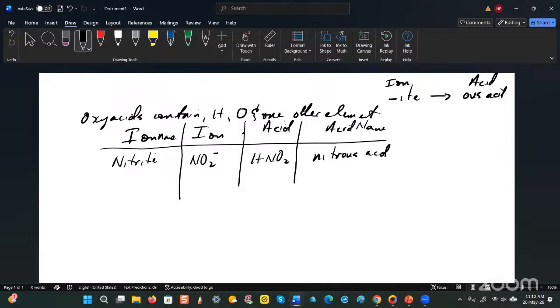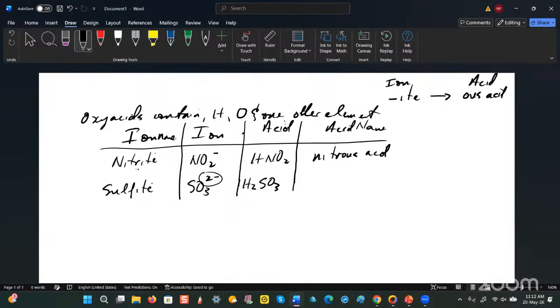Now, here's another example. The sulfite ion. The formula for that is SO3 2-, right? Now, the formula for the corresponding acid is where you add 2 H plus, because you have 2 negative charges here. That means you're going to need 2 hydrogen ions to add to it to form, not SO4, SO3, to form the corresponding acid, right?